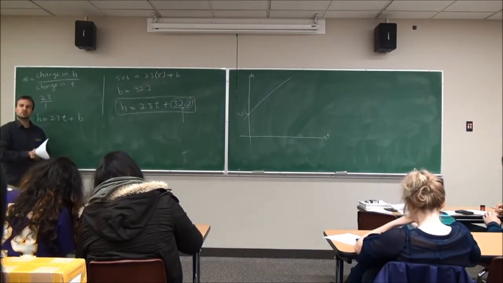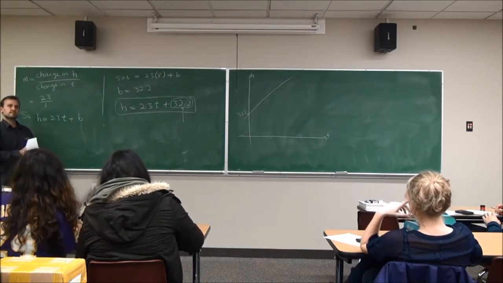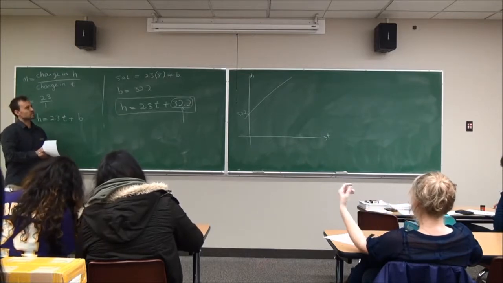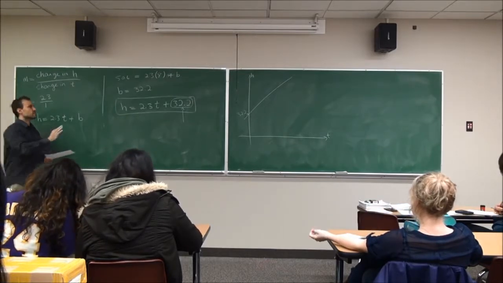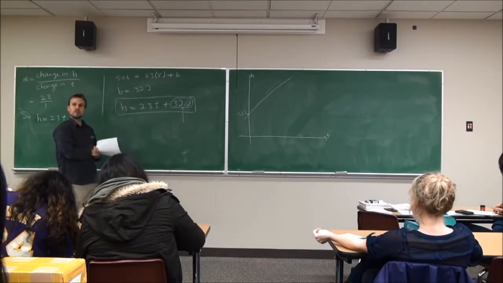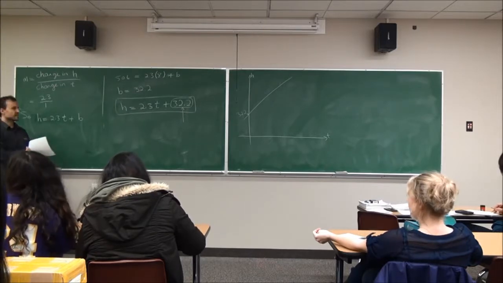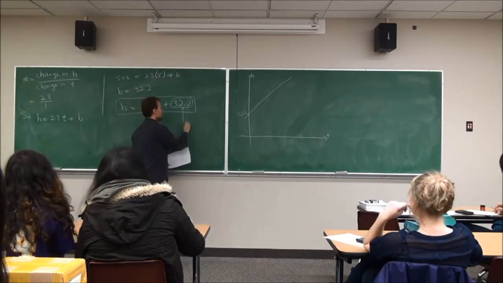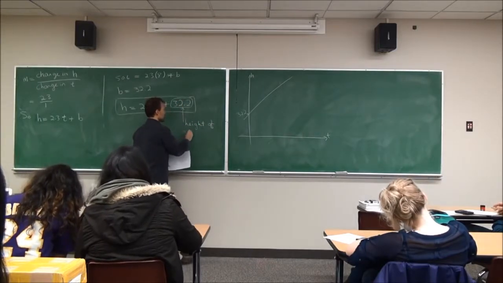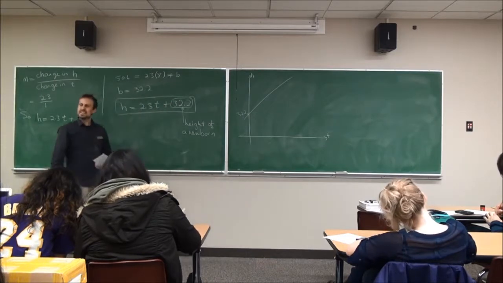What does this 32.2 represent? When t is equal to 0. So if I want to say it without using an h and a t, just in words, what is this 32? Right. This is the height of a newborn baby. That's a big baby.